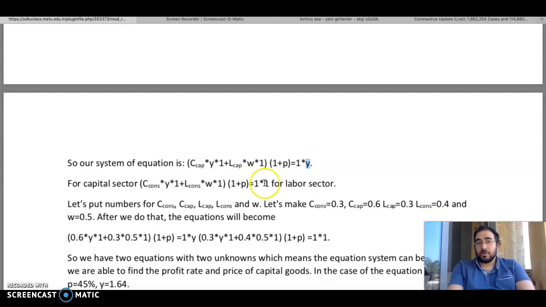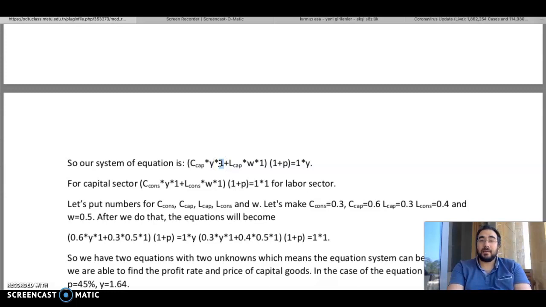In addition to the capital goods, labor also has a price, which is equal to v. You don't have a price for capital; you have a profit rate, which is equal to p. So this represents the cost for the capital goods sector, for which we have the amount of capital goods used in production, which is C cap, and the price of the capital goods, which is y, the number of units of capital goods used, which is 1.